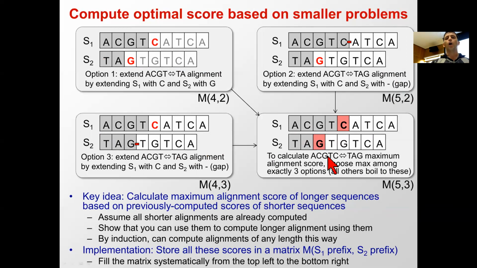Okay? Are there other options? Could I have constructed it some other way? Do I need to look at more than just 3 options for the smaller subproblem? Everybody's nodding no. I'm going to ask you, why don't I have to look at the ACG versus TA subproblem?